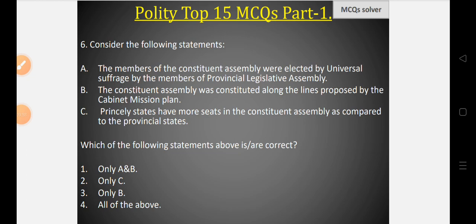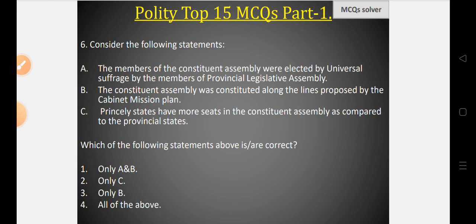Statement B, the Constituent Assembly was constituted along the lines proposed by the Cabinet Mission Plan. Statement C, princely states have more seats in the Constituent Assembly as compared to the provincial states. Which of the following statements above is or are correct?